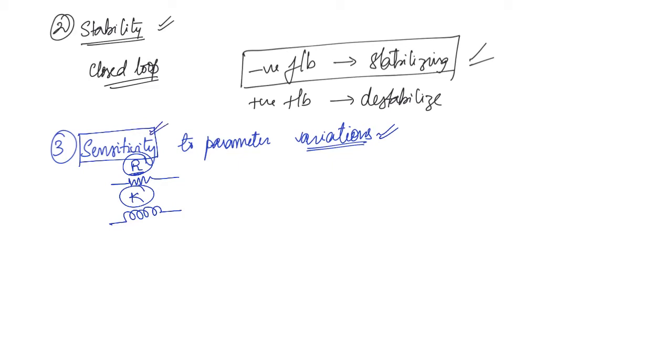So we will now compare the sensitivity to the parameter variations for open loop system and closed loop system. How will the feedback affect this sensitivity? Again, if we draw an open loop system, this will be G, and a closed loop system will look like this.